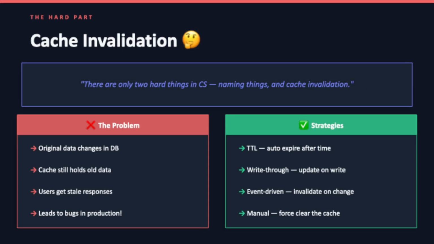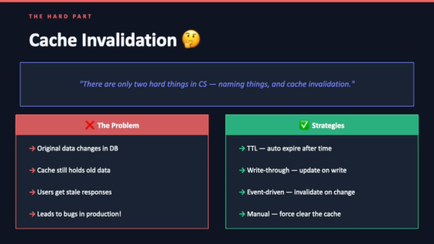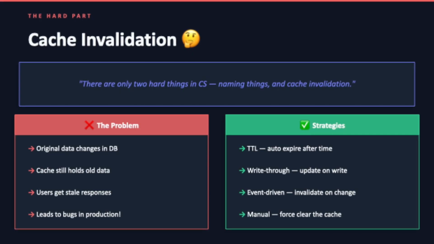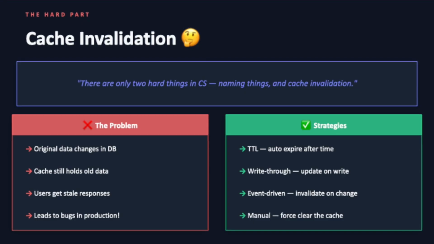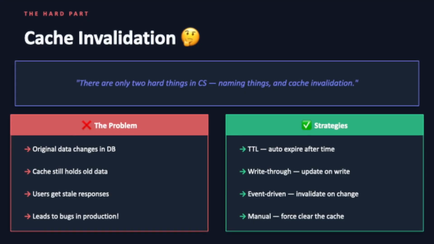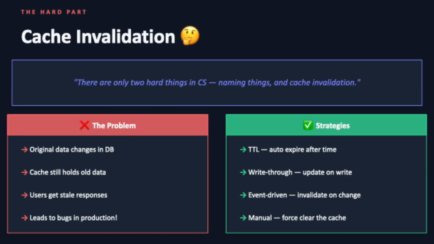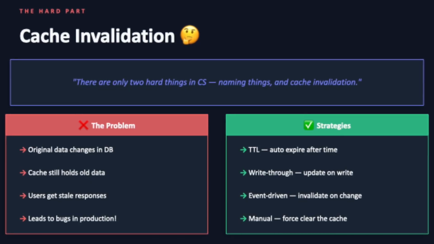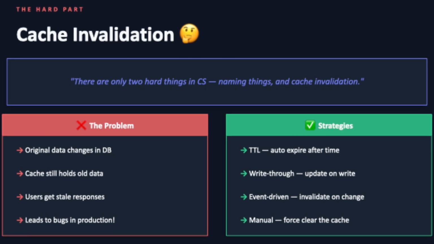There is a famous quote in computer science: there are only two hard things, naming things and cache invalidation. Cache invalidation means, when the original data changes in the database, how do you make sure the cache reflects that change? If the cache is not updated, users will keep getting old data, that is called stale data, and it can cause real problems in production.